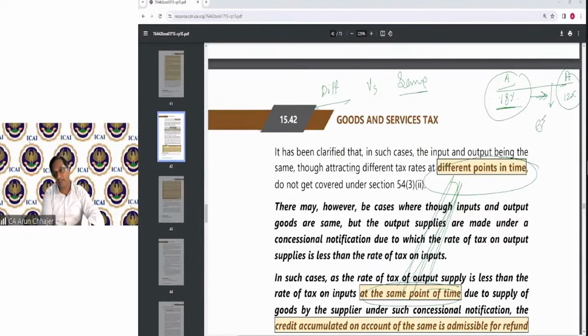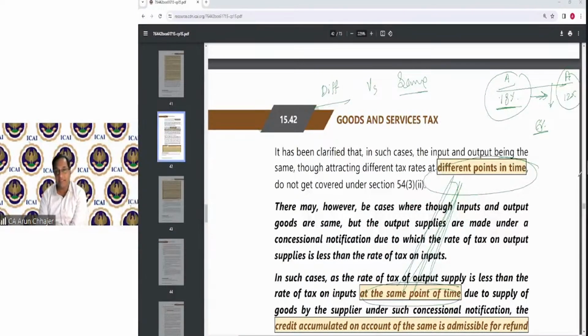Now there is accumulated ITC of 6%. क्या ये जो सेल है, is the tax rate different at different point of time or same point of time? टैक्स रेट क्या डिफरेंट है, वो डिफरेंट पॉइंट ऑफ टाइम में है या सेम पॉइंट ऑफ टाइम में? आंसर इज different point of time na. Answer is different point of time.